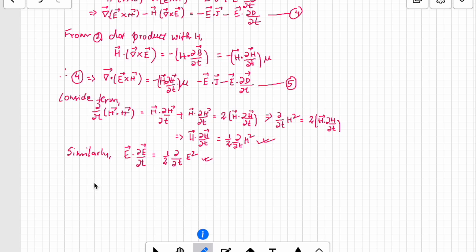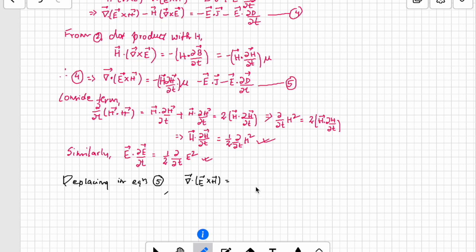Let's replace it in equation 5. Let me rewrite this equation 5. Del bar dot E bar cross H bar is equal to, my equation 5 was minus mu del H del t.